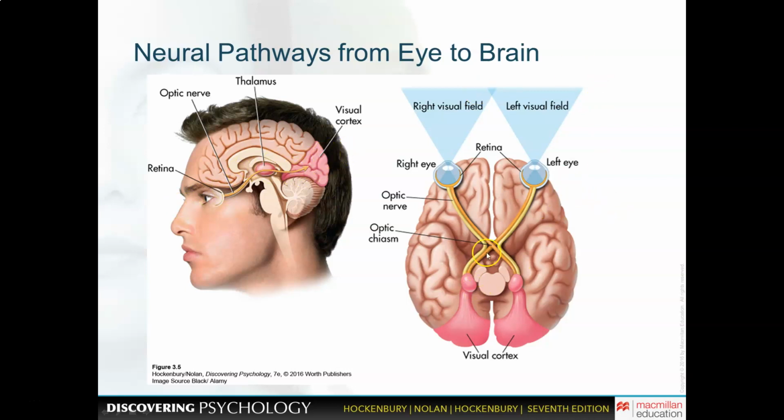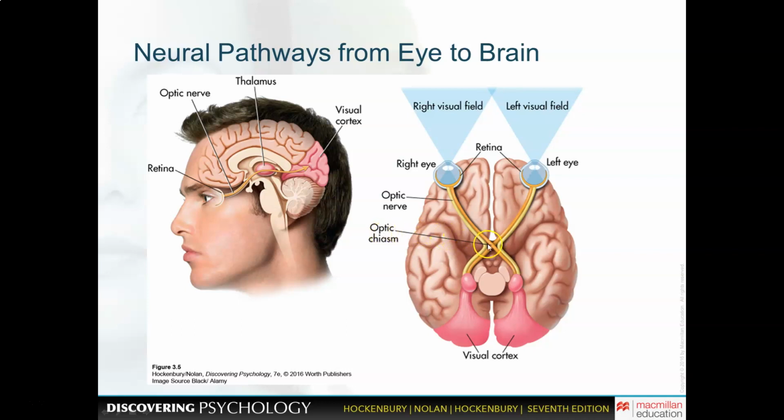Okay, and what's interesting right here is we have our left eye and our right eye. This is looking from underneath the brain, by the way, not from the top. This is from the bottom up. So the left eye, did you notice that it crosses and goes into the right side of the brain? That point at which it crosses is called the optic chiasm.